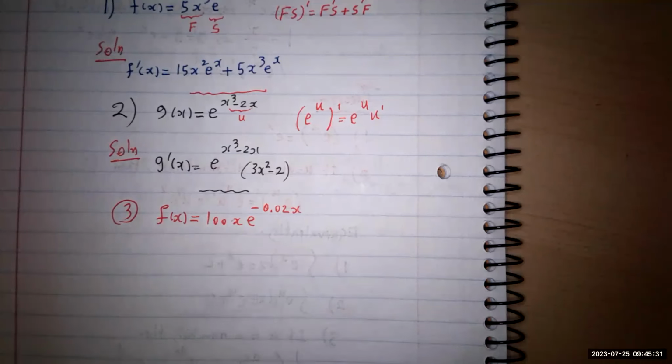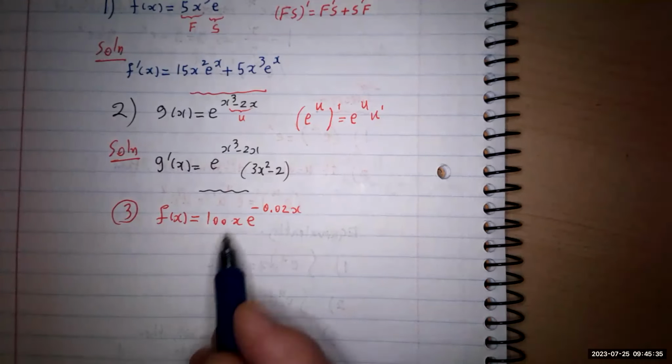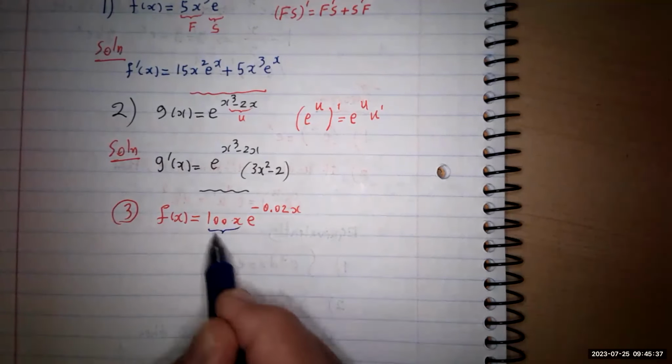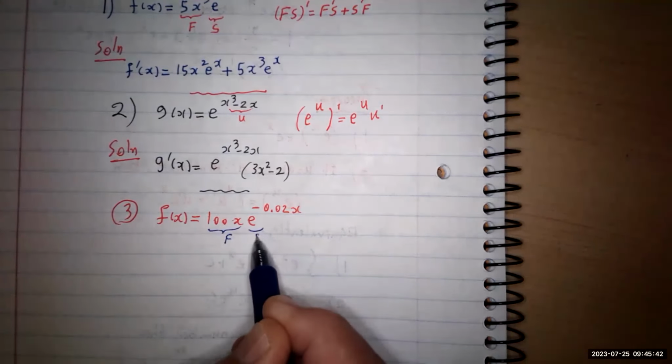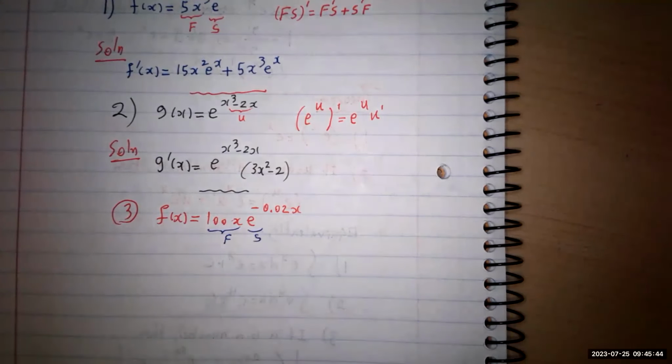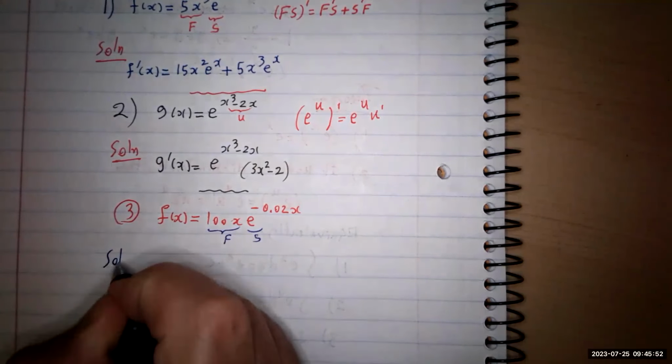It's a product rule. So we have to apply the product rule, which is going to be the derivative of the first one, and this is going to be the second one. So it's the derivative of the first times second. Derivative of the first times second is easy because the derivative of 100x is 100. So this is going to be your solution.